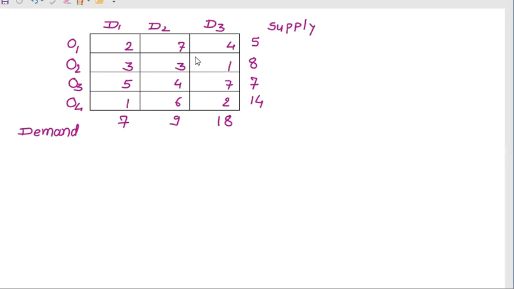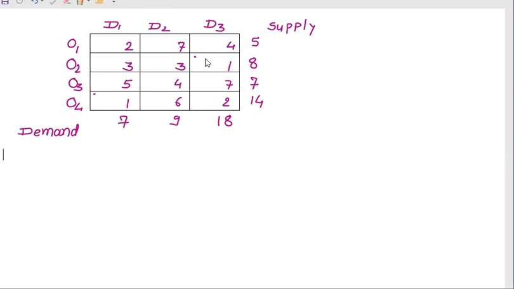We observe that this is a cell with a transportation cost of 1. Similarly, this cell, fourth row, first column, is also a cell with the lowest cost entry. So there are two cells with the lowest cost entry, and in this situation, we can select any one cell for allocation.